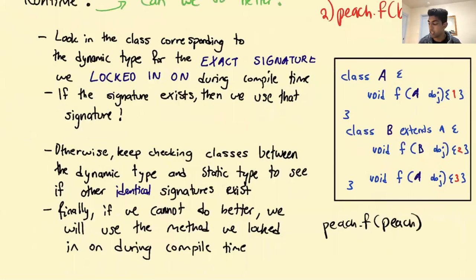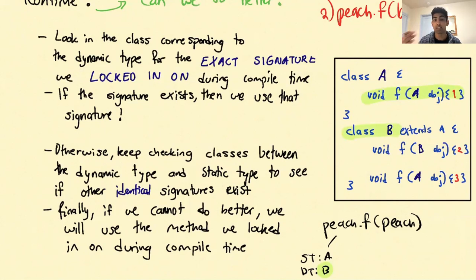So we know that peach is of static type A and dynamic type B. What I'm trying to get at is peach is actually an object of dynamic type B. So instead of choosing a method in class A, we would rather choose a method in class B because peach is actually part of class B, right?